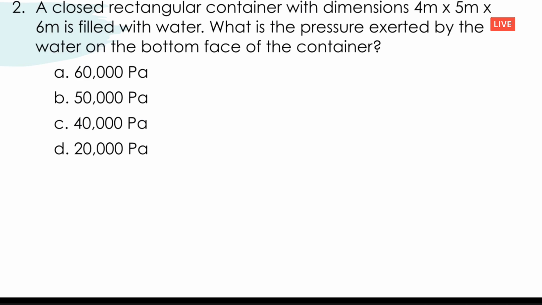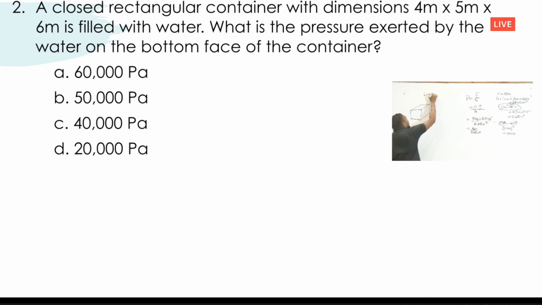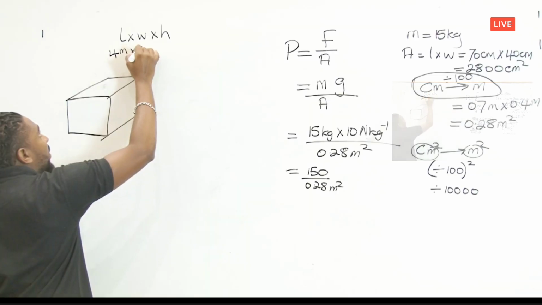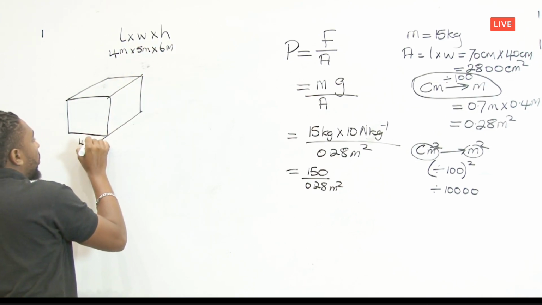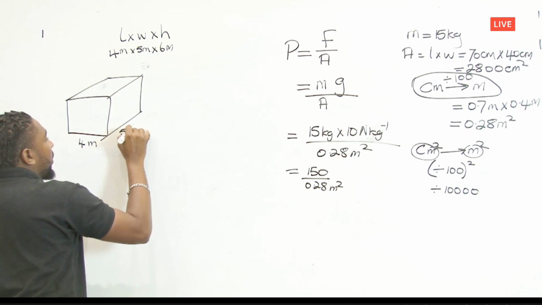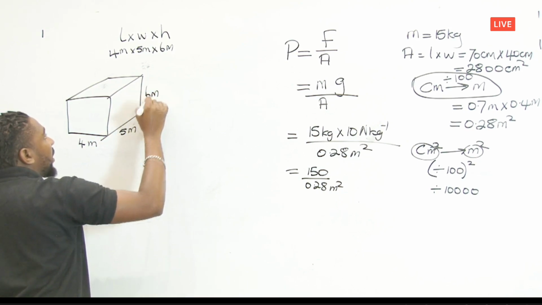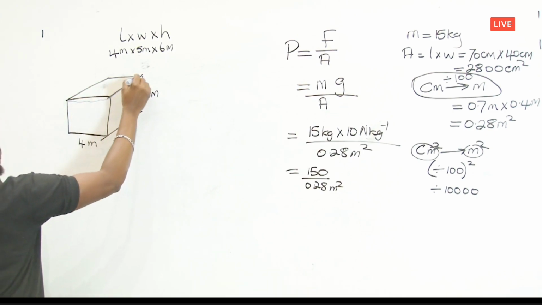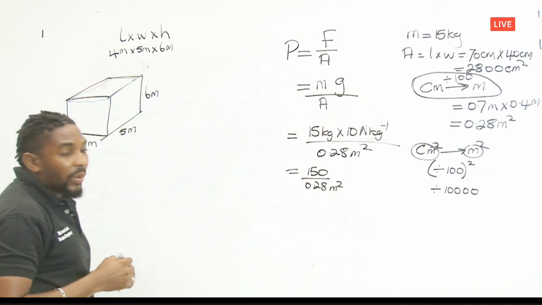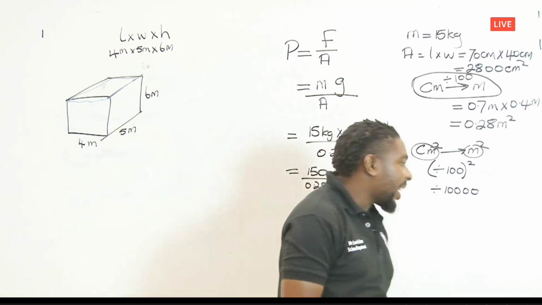So it gives the dimensions of the container. Now, anytime dimensions are given, they're always given as length times width times height. So it means that it's 4 meters by 5 meters by 6 meters. Right? So that is 4 and 5, and the height is 6 meters.